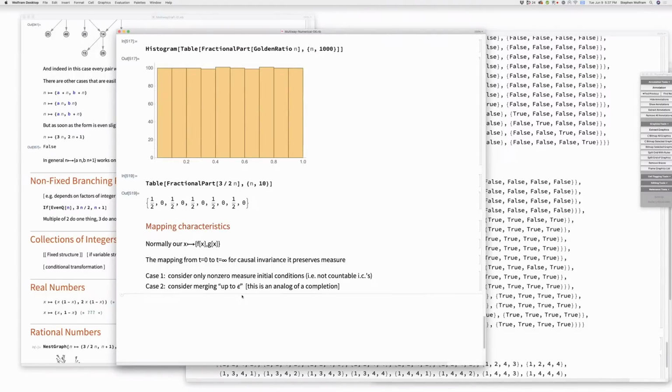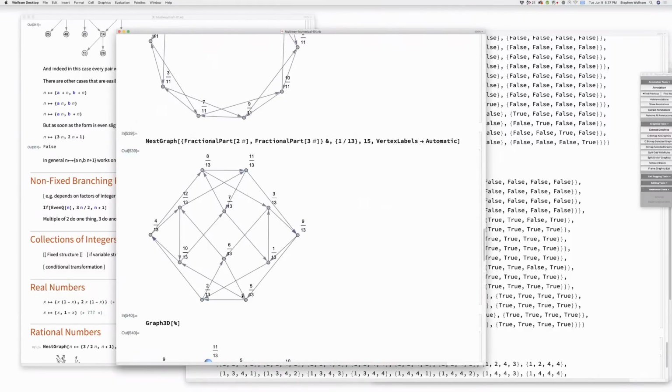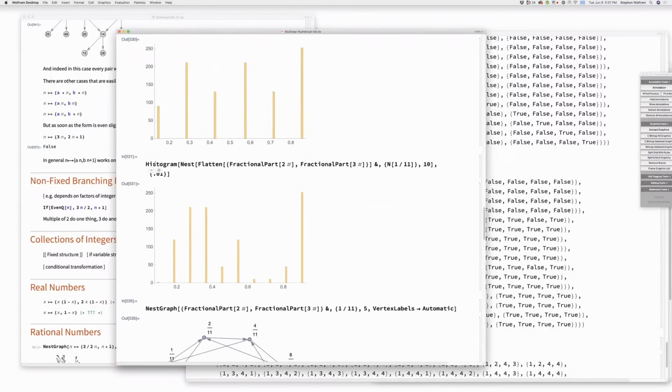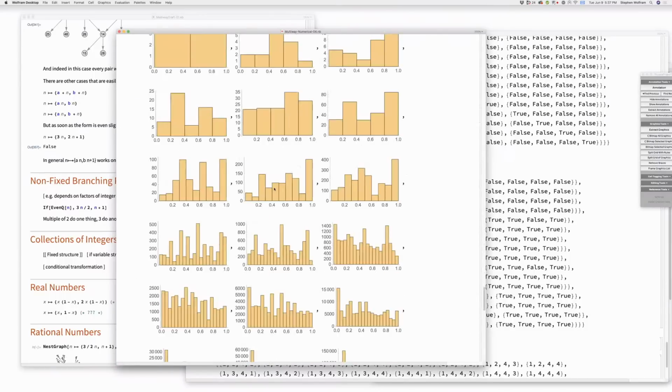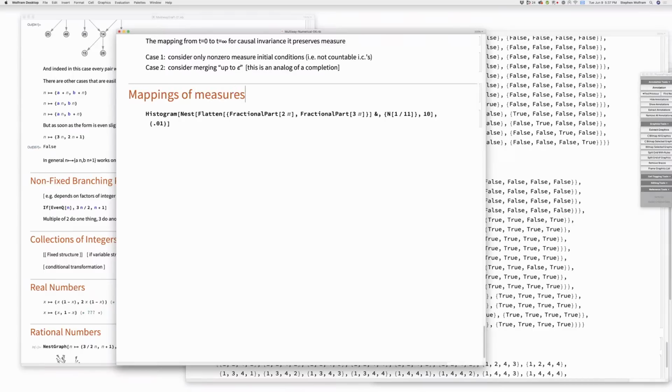Let's imagine that instead of mapping points, what we want is mappings of measures, basically. So this is kind of like an ensemble.